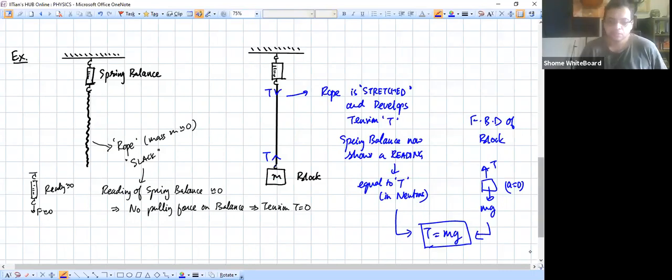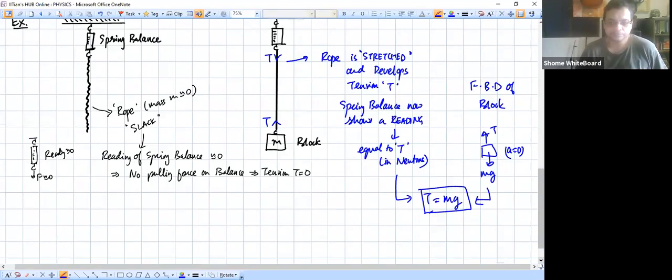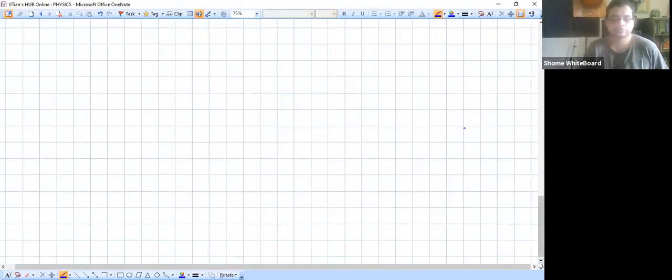Now let's understand one very important point about tension.